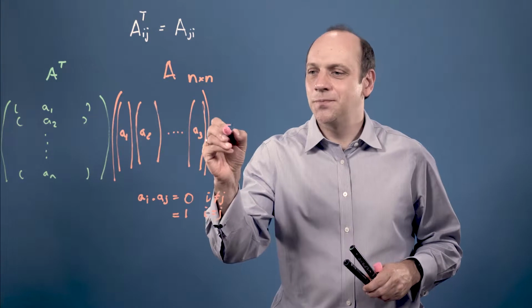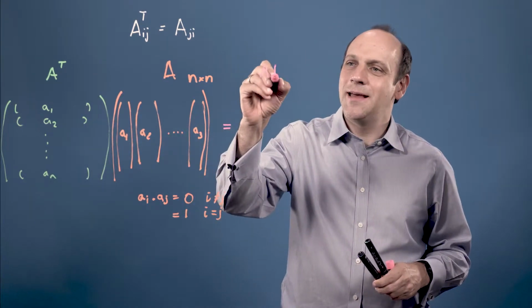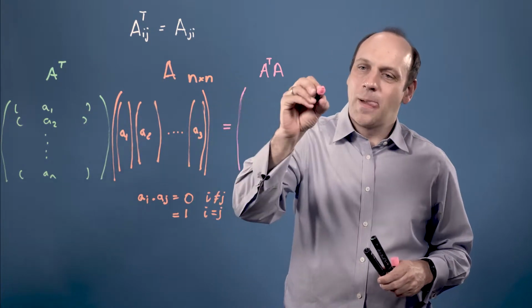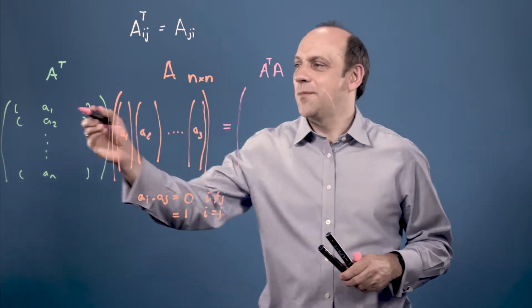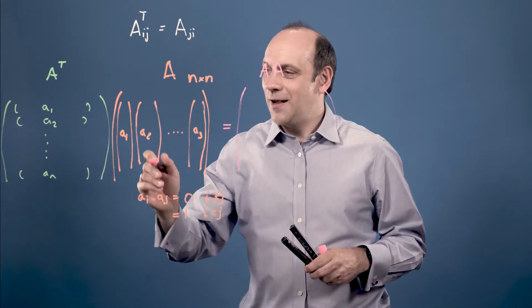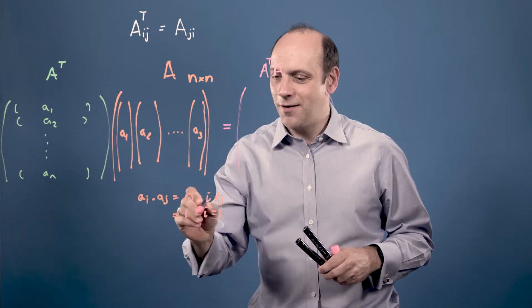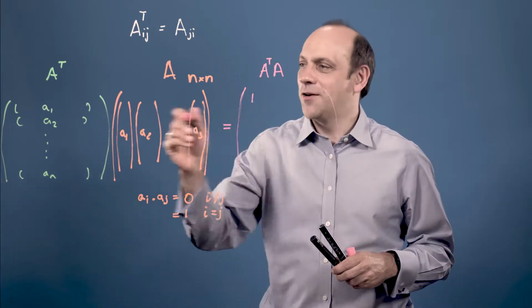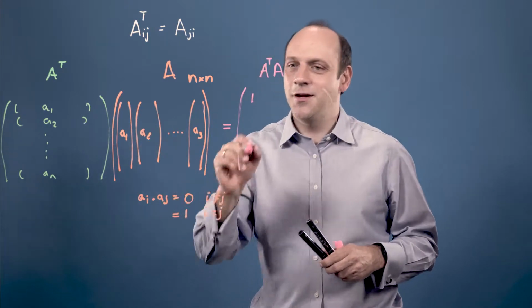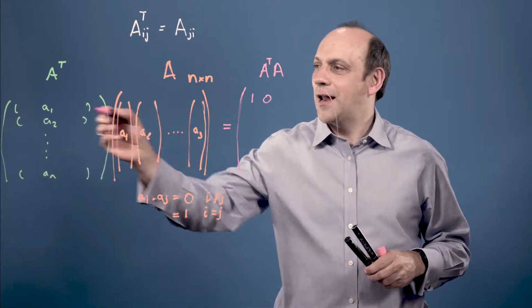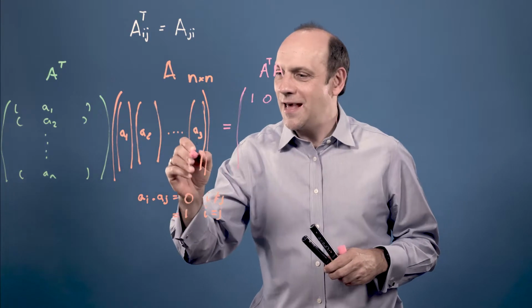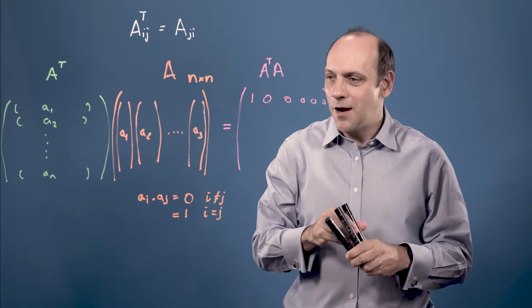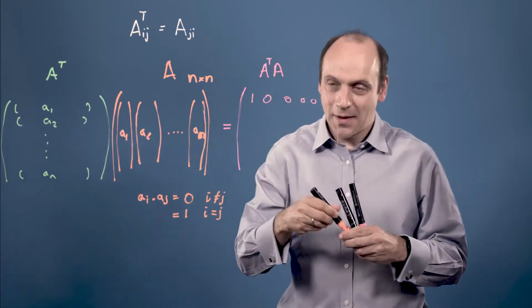It's going to be quite magical. The first element here is going to be the first row times the first column. And that's A1 dotted with A1, and that's 1. The second element, the first row, the second column, is A1 dotted with A2, and that's 0. And A1 dotted with A3, all the way up to An, is going to give me a whole series of zeros.